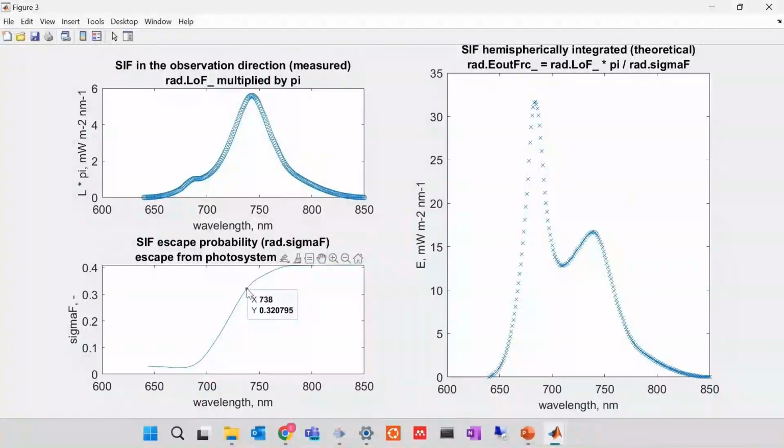Escape probability defines how many photons will reach the observer, but normally it's used backwards. So when we measure fluorescence, we multiply it by pi in order to represent the whole hemisphere, and then we divide it by the escape probability sigma f in order to get this curve. And this curve, this energy, tells us about the plant state.